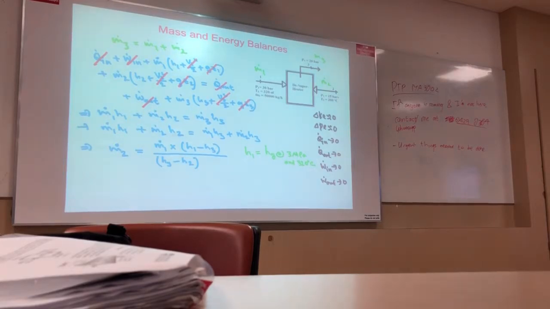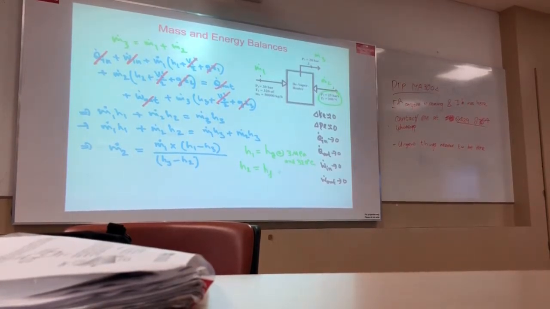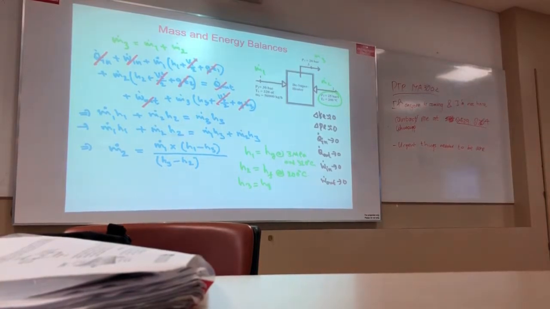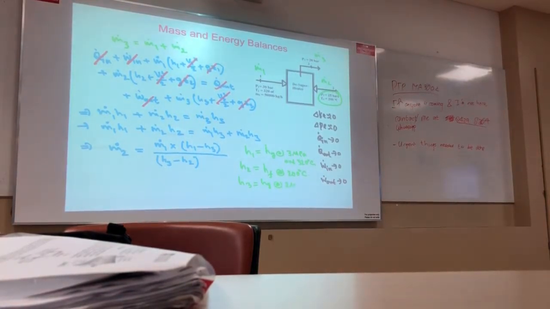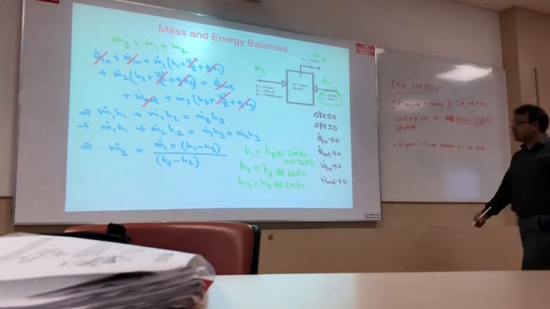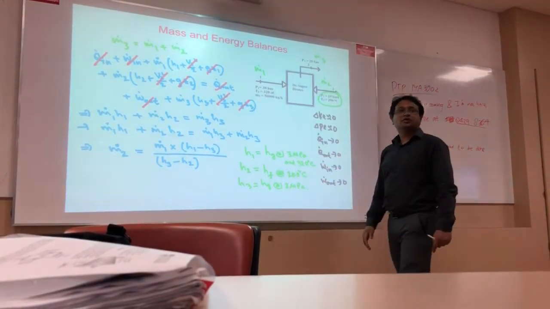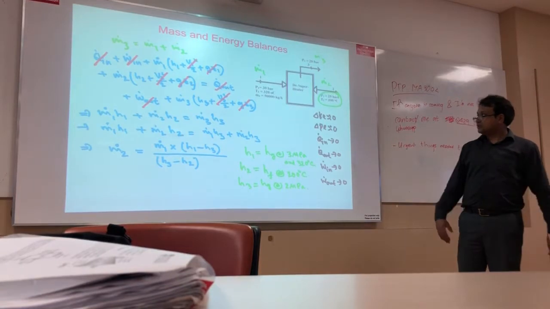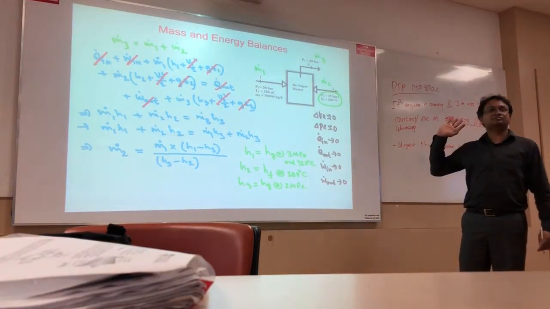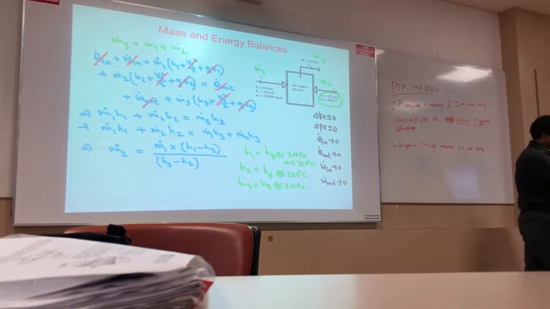What is h2? This is compressed liquid, so I can write hf with respect to 200 degrees Celsius. And what is h3? hg, saturated vapor with respect to 2 megapascal. Done. Then you calculate all the values from the table and put them here, then you get the answer. The concept is not very difficult. I hope you can solve it.